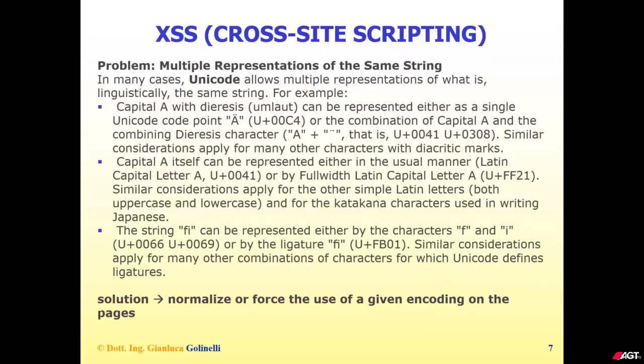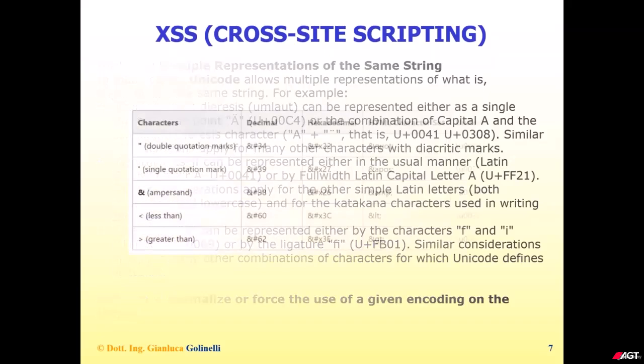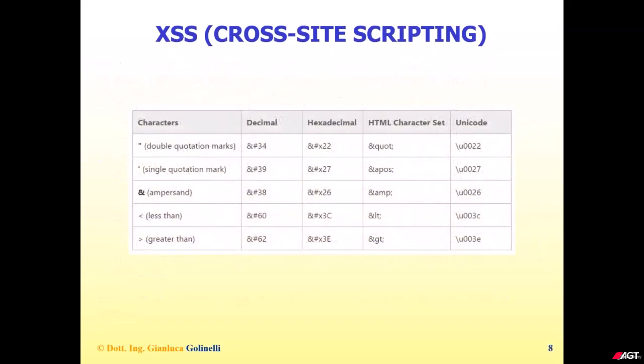As a remedy to XSS, it is important, before validation, to normalize or canonicalize the data. The table shows the various possibilities of character transcoding that a malicious attacker could exploit to bypass a validation without canonicalization of the data.